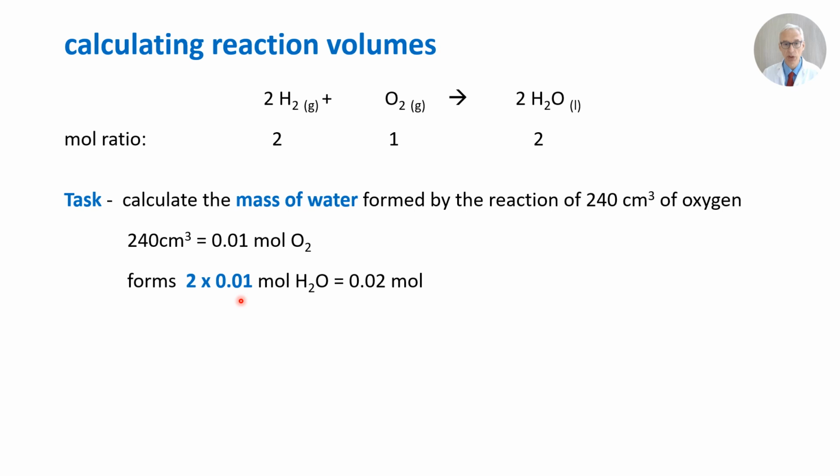So my moles of oxygen is multiplied by 2 to give us the moles of water. So that's 0.02 moles. And I then convert that into a mass by multiplying by the mass of 1 mole. So the mass of water is the numbers of moles, 0.02 times the molar mass, 18, comes to 0.36 grams.